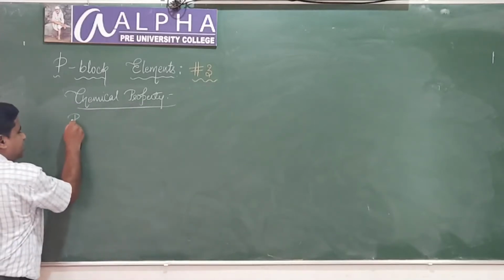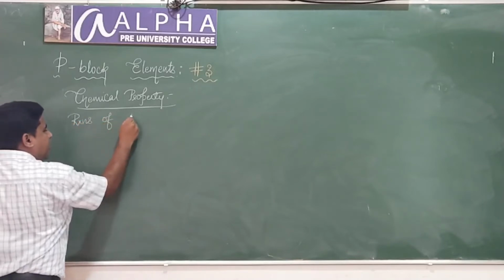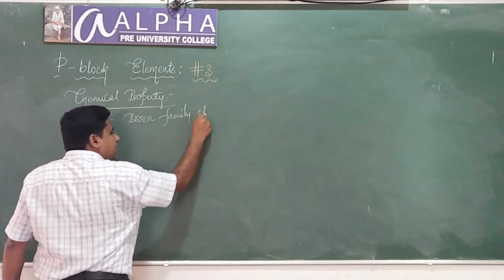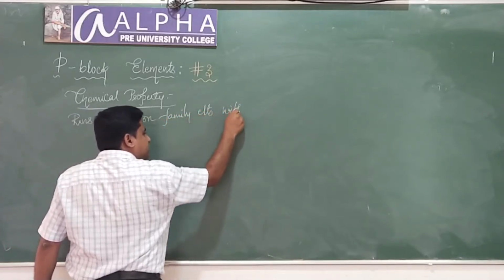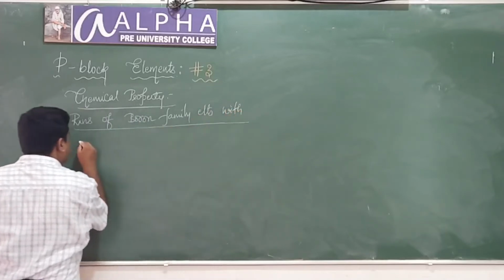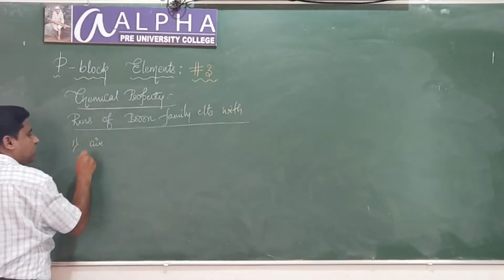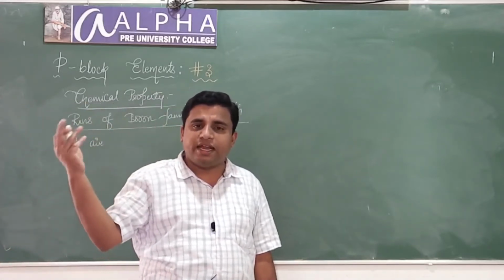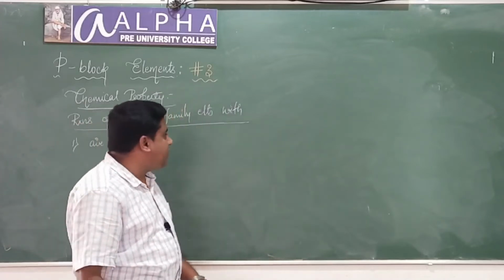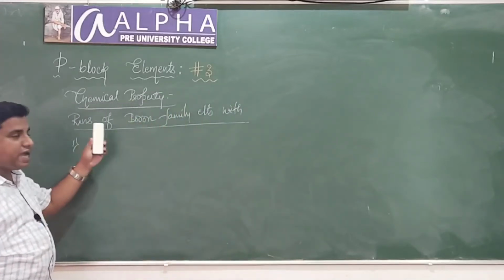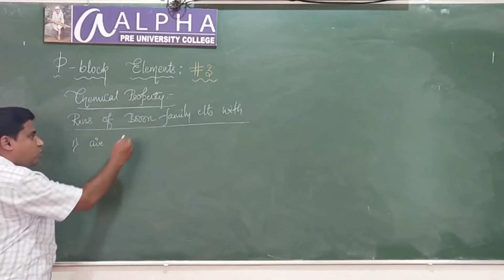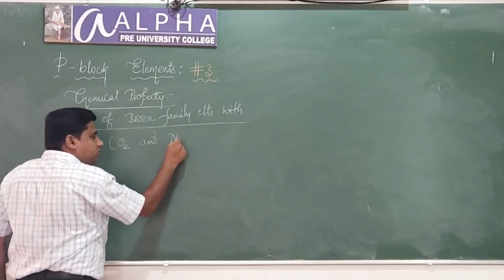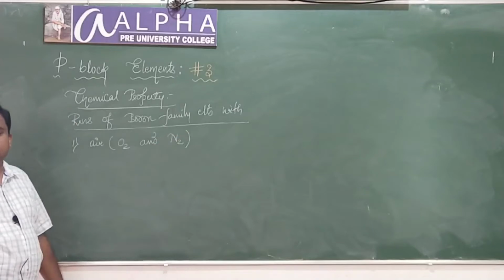Look here, reactions of boron family elements with air. Air consists of so many gases: oxygen, nitrogen, hydrogen, etc. So the reactions of boron family with air means the reactions with oxygen and with nitrogen.